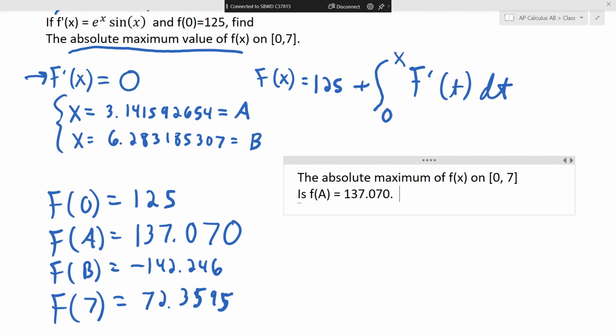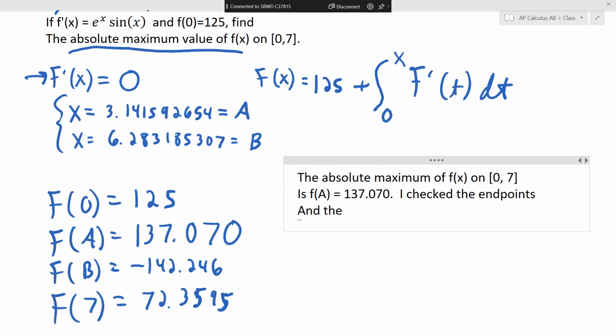Then we're going to write one tiny little sentence explaining what we did. I checked the endpoints and, you can write this two ways. We just checked the critical values of what function? Is it the critical values of f or the critical values of f prime? F. No, f.